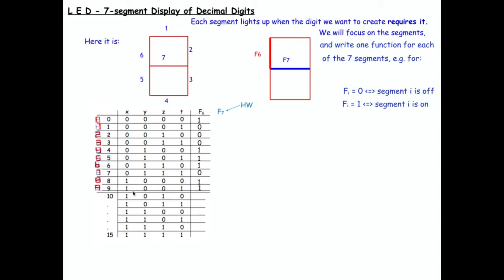Obviously, we don't need the other 6 representations. They're sort of useless to us. But yes, these are possible combinations of inputs. You could have X, Y, Z, and T all having electricity going through them, and that would be the equivalent of decimal 15.